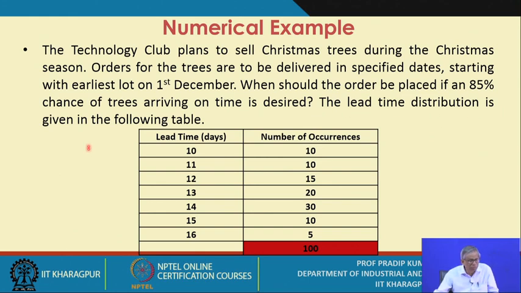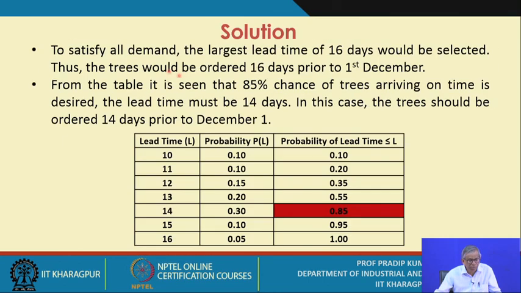The lead time distribution is given in the following table. So, these are the possible lead times, from 10 days to 16 days, and the corresponding number of occurrences are given. That means the corresponding frequency distribution table, and it is assumed to be the probability distribution, and this is the solution.